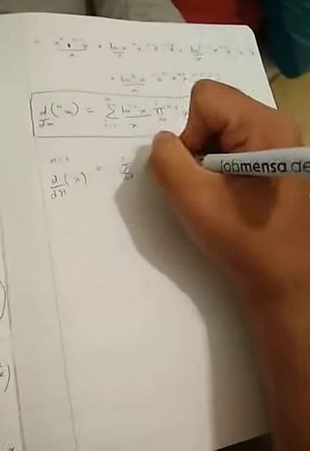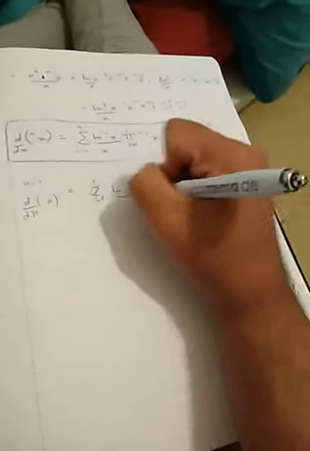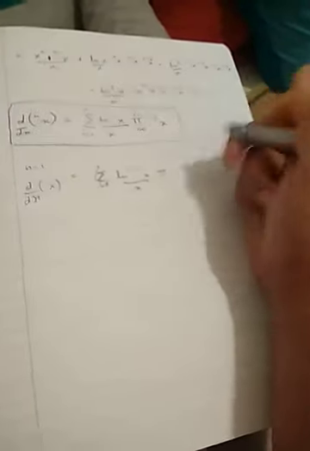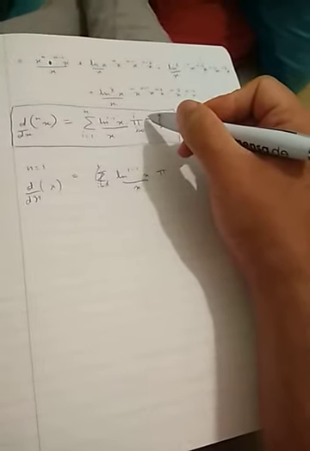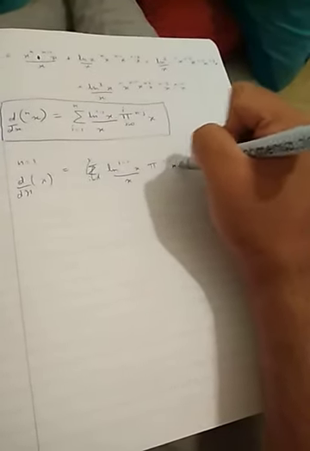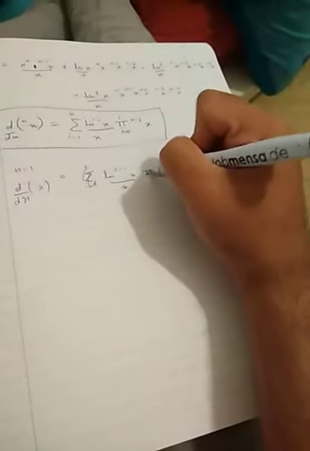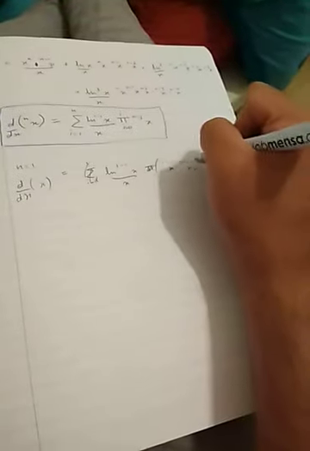So this is basically ln to the power 1 minus 1 of x upon x into the product at j equal to 0, times x tetration 1 times x tetration 1 minus 1.